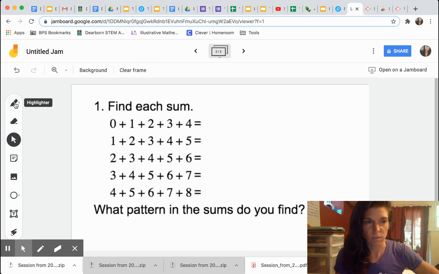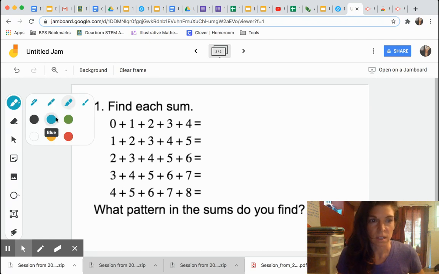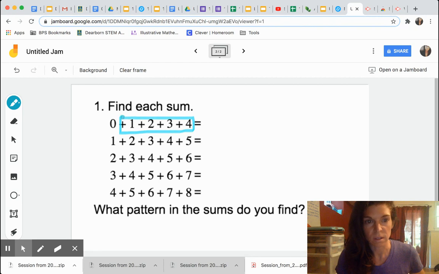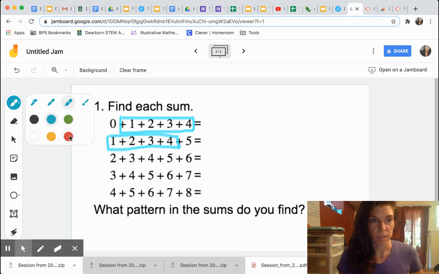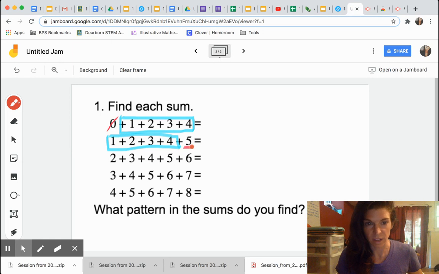When we're noticing, we might look for things that are similar, things that are different, things that stand out. And so one thing I notice is that between the first problem and the second problem, they have the same numbers, except the 0 is not there anymore, and we added a 5.